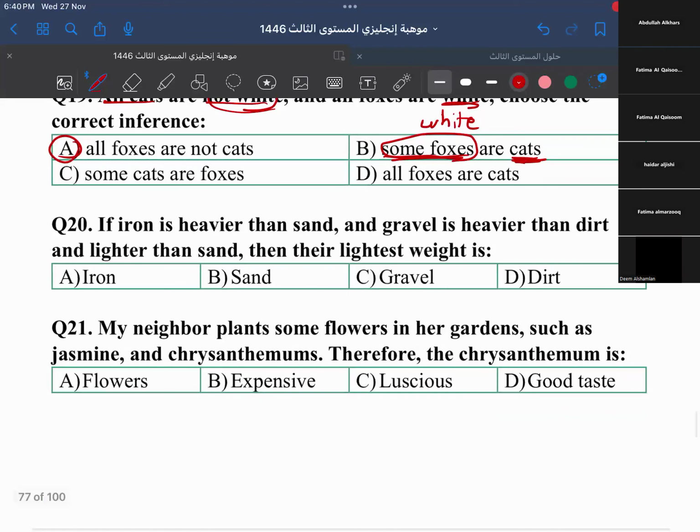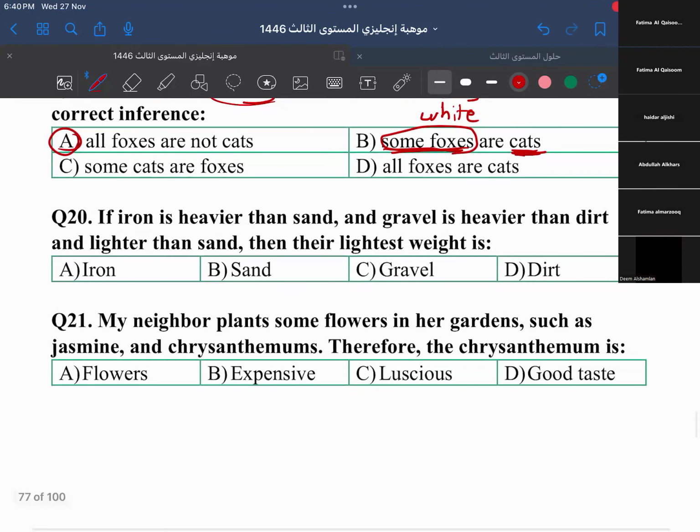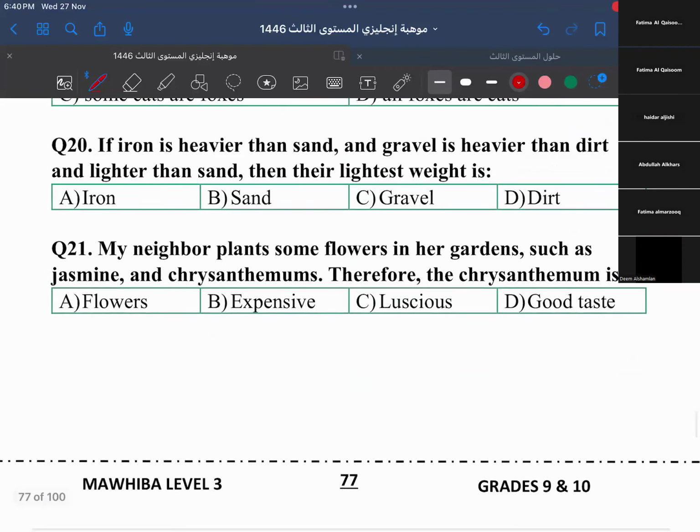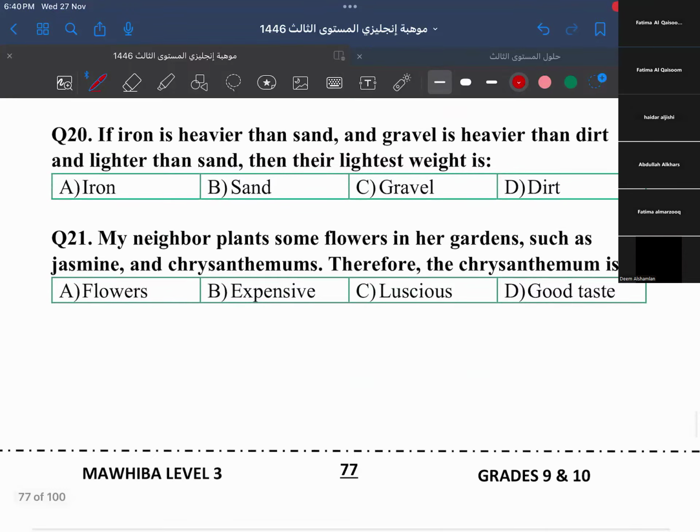Yes, Abdullah. If iron is heavier than sand and gravel is heavier than dirt and lighter than sand, then the lightest weight is. Okay, so here it says iron is heavier than sand and gravel is heavier than dirt and lighter than sand.